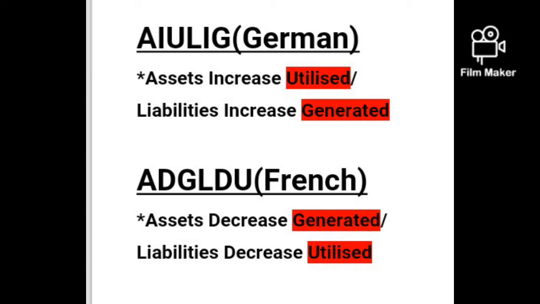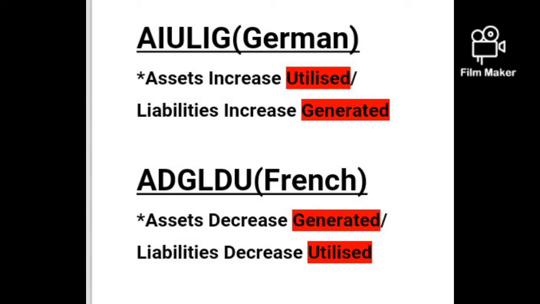As a business, when we talk about utilized, we will have an outflow of cash, but when we talk about generated, we will have an inflow of cash. So in the German approach, when your assets increase, money is being paid out, but when your liabilities increase, money is being received.